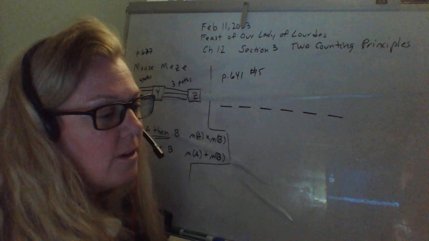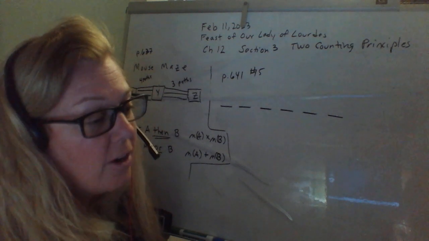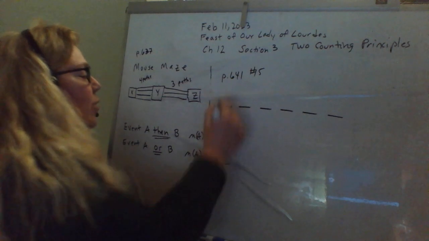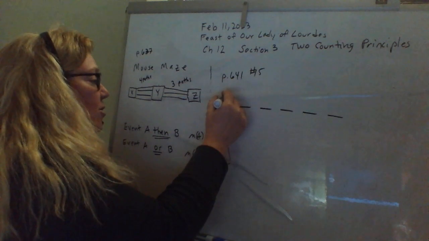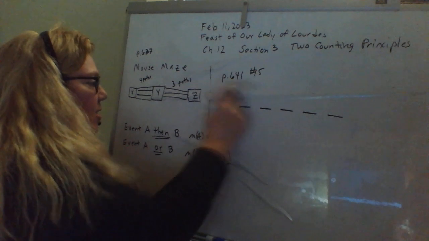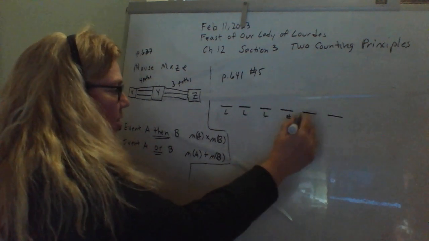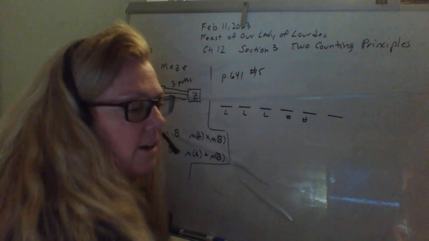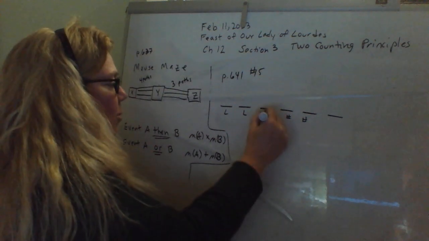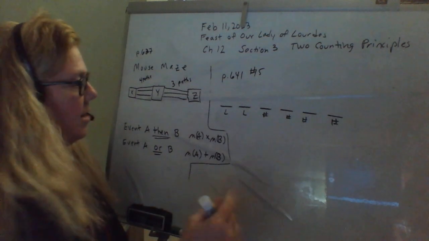Some of these states use 2 letters and a number from 1 through 9,999.